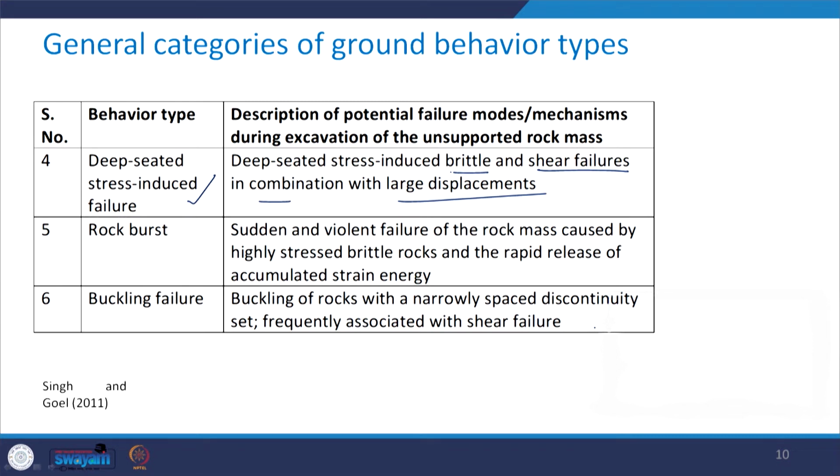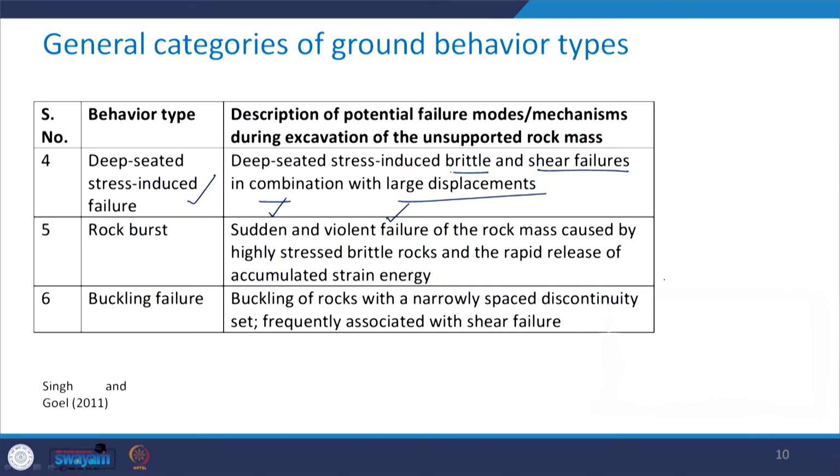In case of rock burst, I already mentioned to you that there is going to be sudden and violent failure of the rock mass, and this will be caused by highly stressed brittle rocks, and there is going to be the rapid release of accumulated strain energy, and therefore, you observe sudden and violent failure of the rock mass.